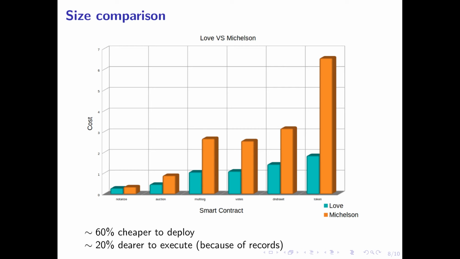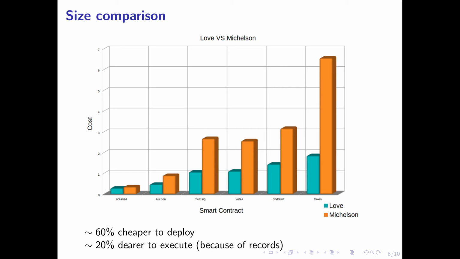Love contracts are about 60% smaller, hence 60% cheaper to deploy than Michelson contracts. One main drawback is that they are in general dearer to execute. This is mainly due to the storage serialization that is expensive when the storage is a record, because records hold strings for identifying the different fields. This cost is reduced by replacing records by tuples.